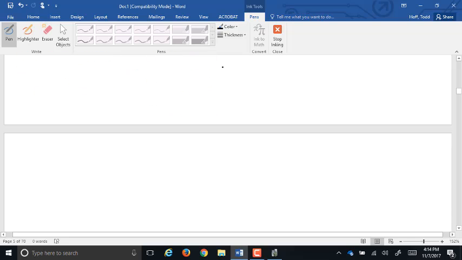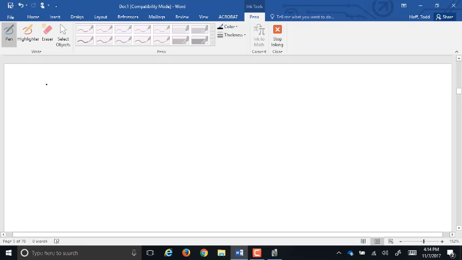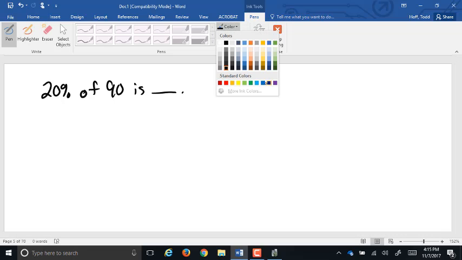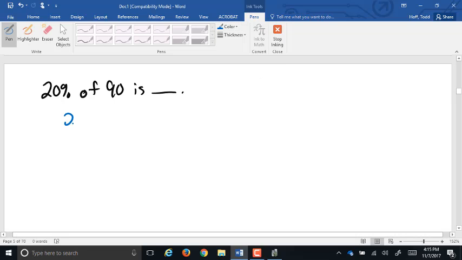A little bit different still. Let's do this. 20% of 90 is blank. I still have the percent, so I'm going to start with 20%, which is 20 out of 100.